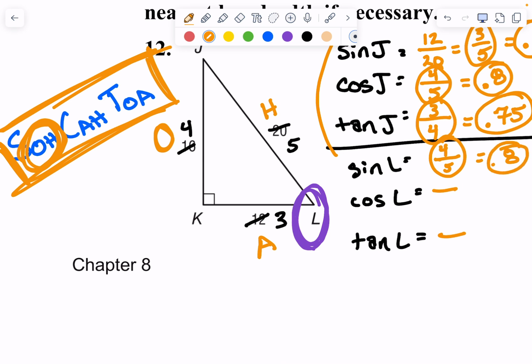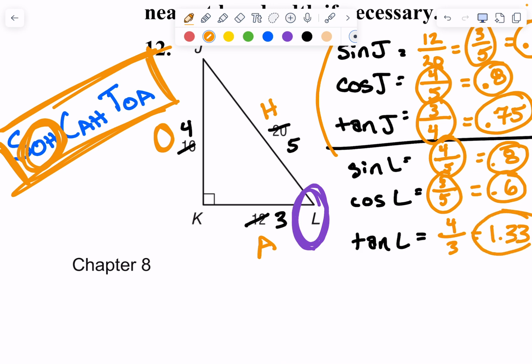Okay? Cosine is CAH, right? A over H is 3 over 5. And that is 0.6. And tangent. Tangent is OA. 4 over 3, which is 1.33.